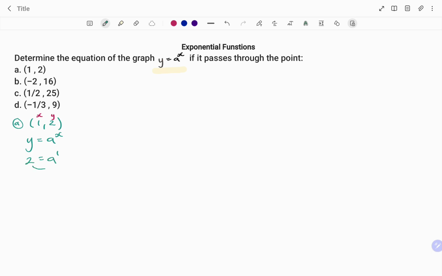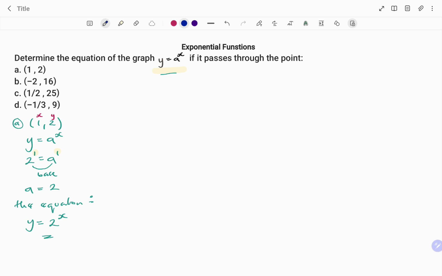Because the bases will be equated together, since there's an invisible power of 1 here, the powers are the same, so therefore the bases must be the same. What that means is a will be equal to 2. Therefore, the equation will be, using the standard equation given, y equals a, which we know as 2, to the power of x.